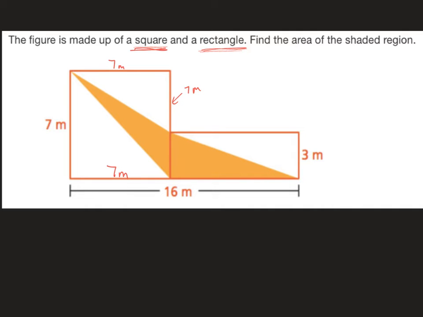Okay, let's see what else we know. Let me change this color. We also know these two triangles, so I need the base and the height, right? On the left one, I need to know what this is. Do I know what that base is? Well, yeah, it's right across from this guy, so it is 3.